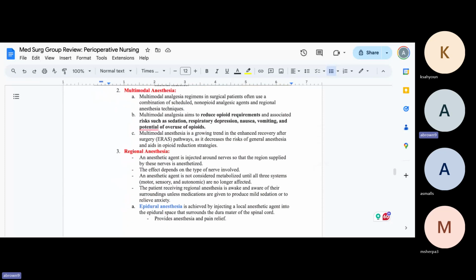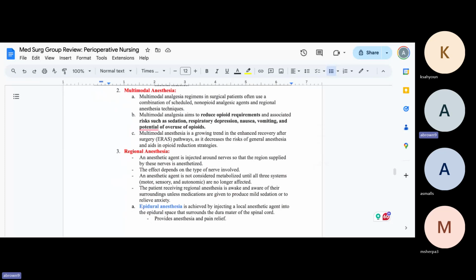Multimodal anesthesia. Multimodal analgesia regimens in surgical patients often use a combination of scheduled non-opioid analgesic agents and regional anesthesia techniques. So they're trying not to use an opioid. Multimodal analgesia aims to reduce opioid requirements and associated risks such as sedation, respiratory depression, nausea and vomiting, and potential overuse of opioids.